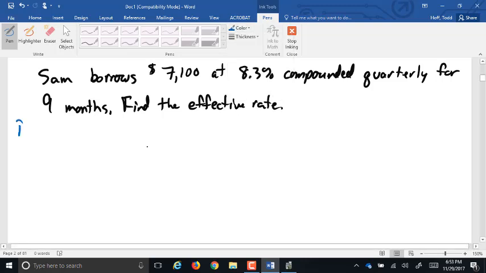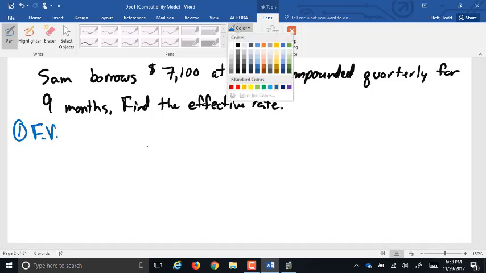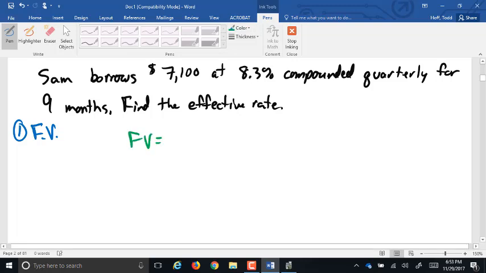So what's our first step? Find the future value, right? So that future value is going to be found by doing what? The present value is 7,100 times 1 plus 0.083 divided by, now this is where you look at the compounding, 4, because it's quarterly. Very good.